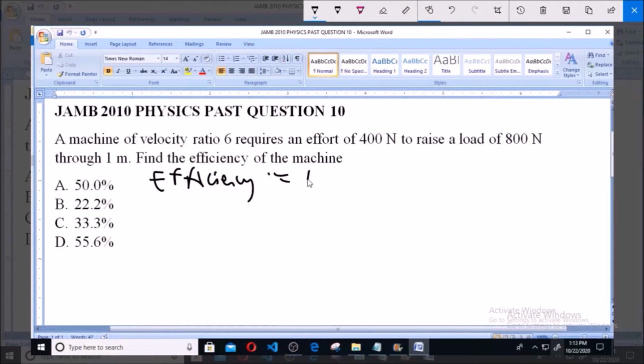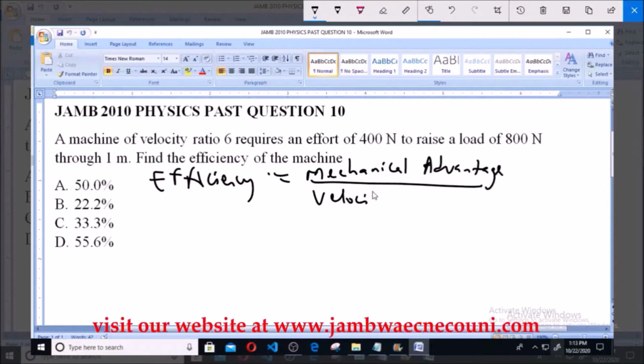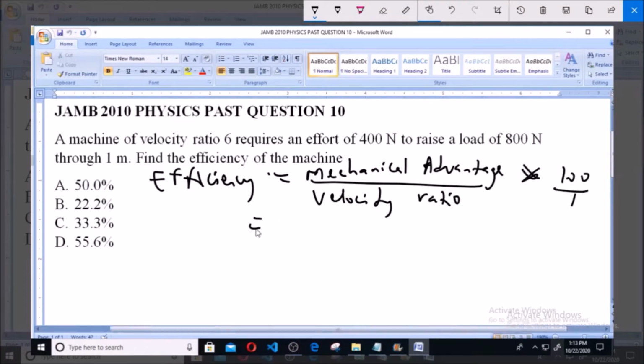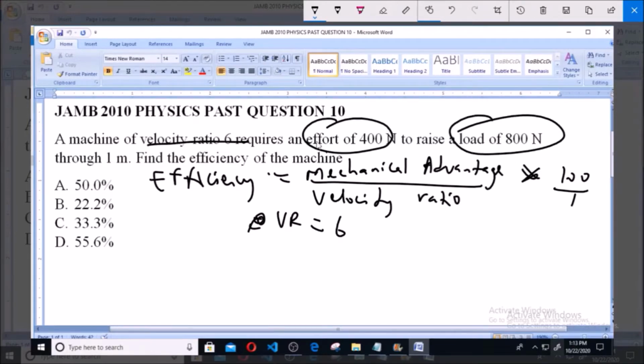And efficiency of a machine is calculated as mechanical advantage over velocity ratio times 100 over 1. Okay, so now we have velocity ratio given to us as 6 from the question, and then we are given effort, and we are given the force exerted by the load, and the force required as the effort to raise this load.